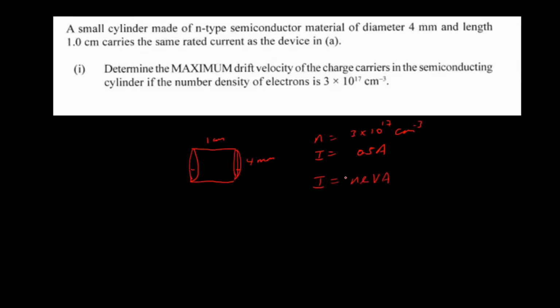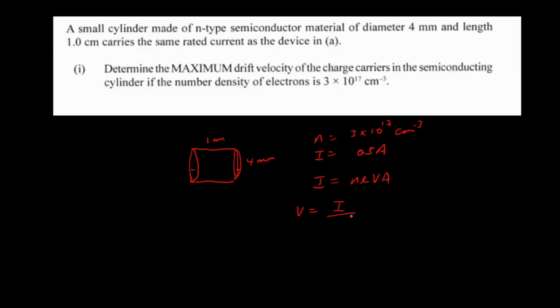I utilize this acronym, nevA, to remember this equation. It's an elementary equation that shows what happens to the current as it flows through a conductor, or a piece of wire. We can transpose the equation to make v the subject, because that's what we're focused on, the drift velocity.